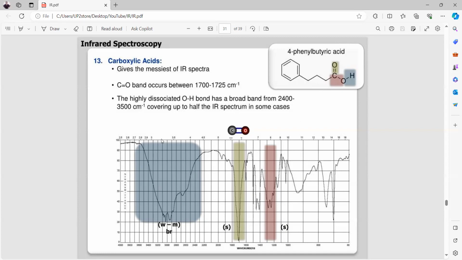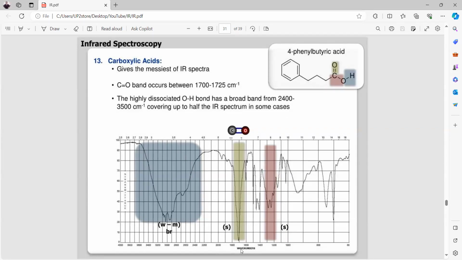If you look at this chart, on the left side you can see the long, broad signal. This signal is really special for the carboxylic acid OH. If you have this shape, you can easily identify the carboxylic acid in the structure.